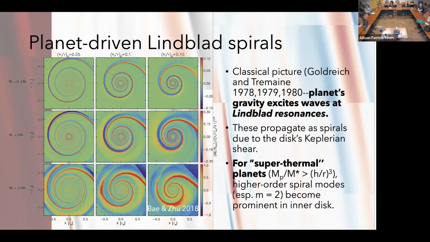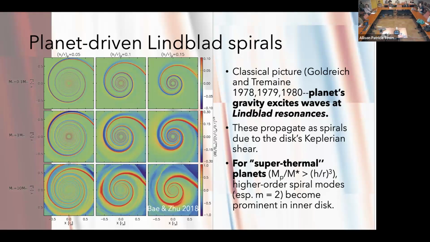Like I mentioned earlier, there's the classical picture, Goldreich and Tremaine: planetary gravity excites waves at Lindblad resonances, etc. In particular, what this theory tells us is that m equals 2, two-arm spirals are prominent in the region of the disk interior to the planet.